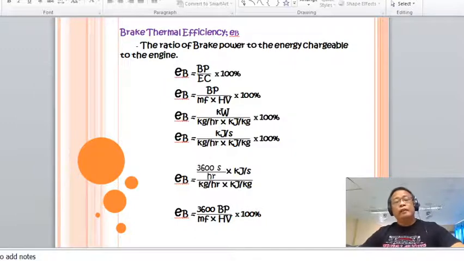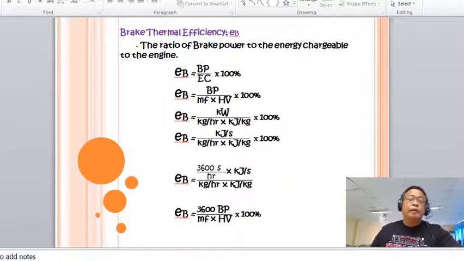Another is the brake thermal efficiency, EB. This is the ratio of brake power to the energy chargeable. The derivation of the formula is the same as in the previous slides for indicated thermal efficiency.